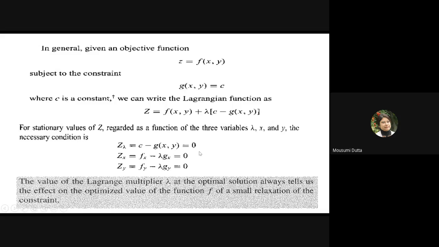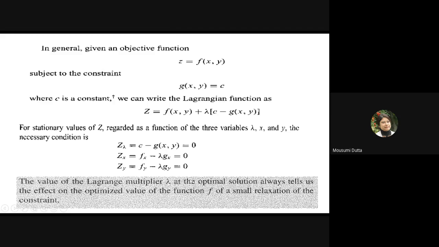The practice is to combine these two derivatives, del z by del x and del z by del y, to form a new equation, and that new equation is solved simultaneously with this equation, that is, the constraint.